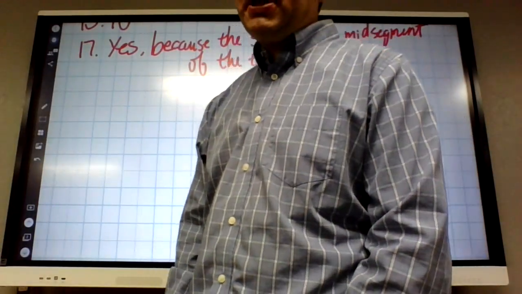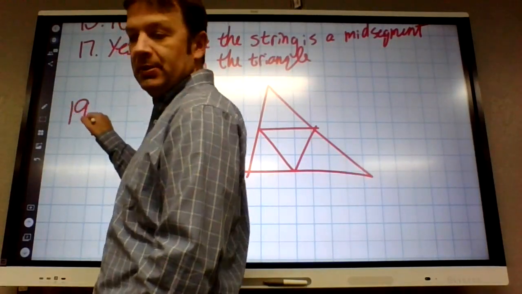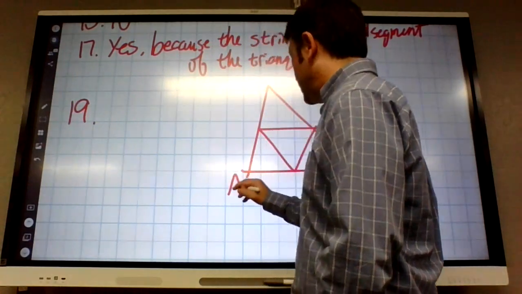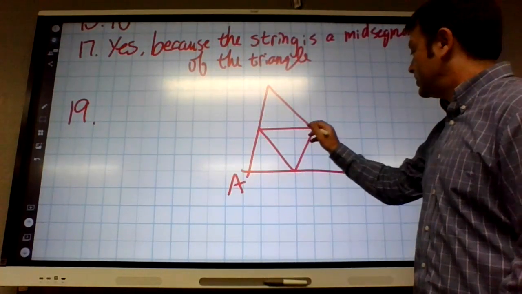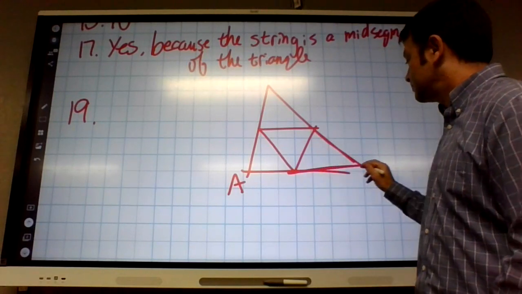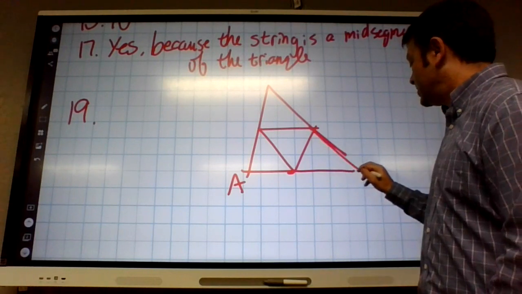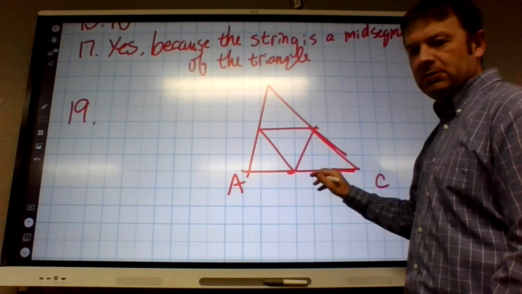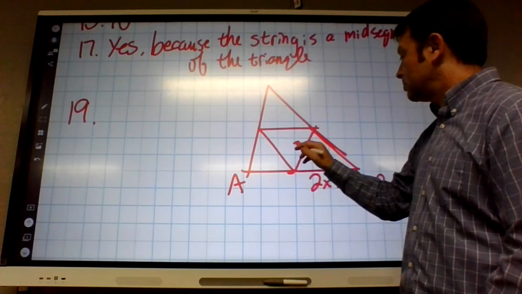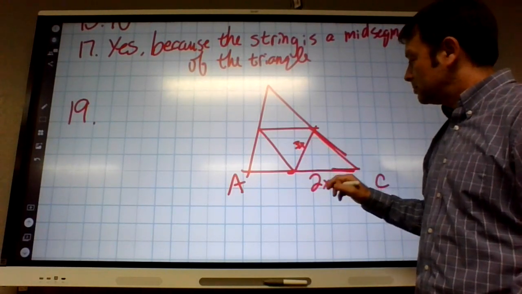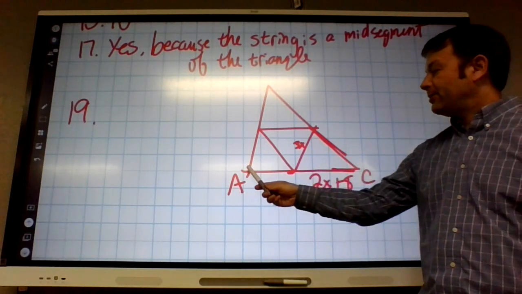So 19 says express the length of AC, which is this bottom line down here. How could I do that? I can't solve this, but how long is this thing?